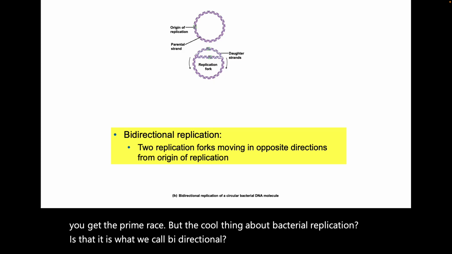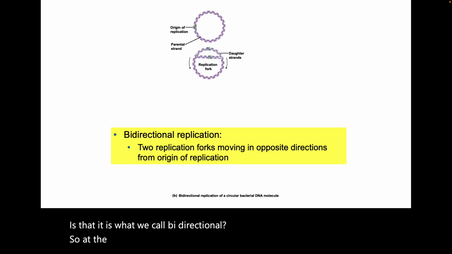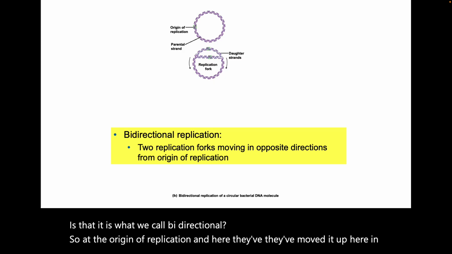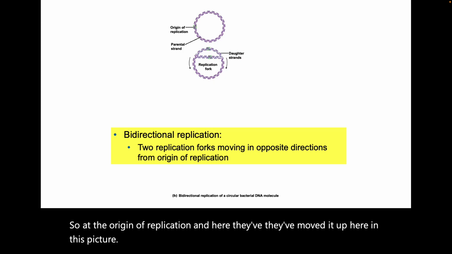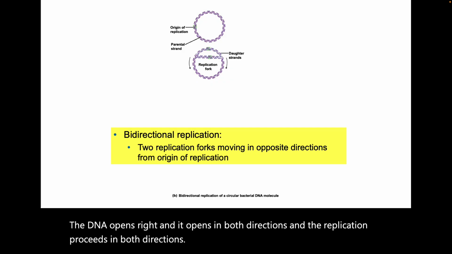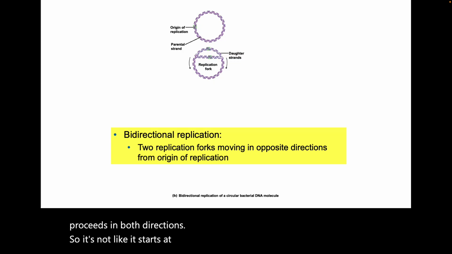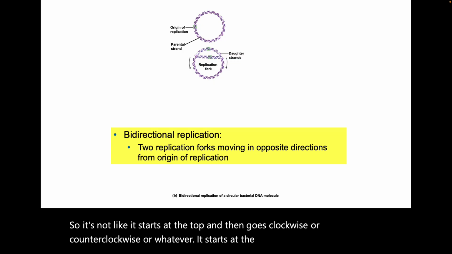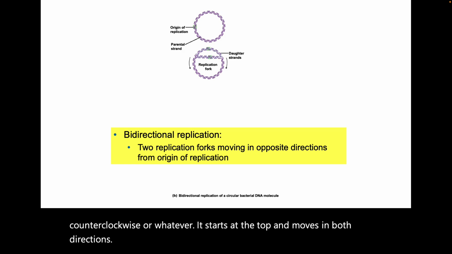So at the origin of replication, and here they've moved it up in this picture, the DNA opens in both directions, and the replication proceeds in both directions. So it's not like it starts at the top and then goes clockwise or counterclockwise. It starts at the top and moves in both directions. So it takes half the time, right?